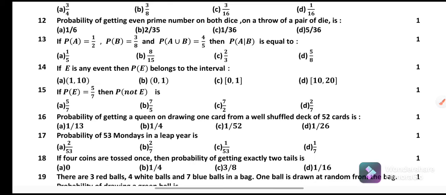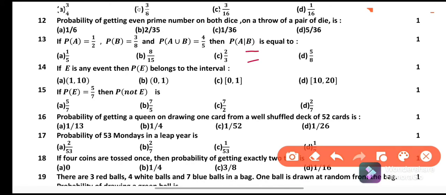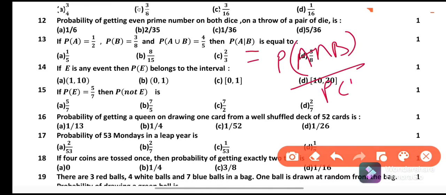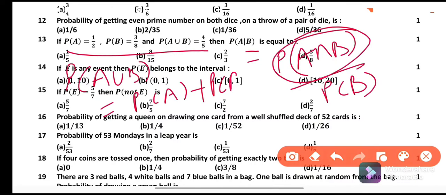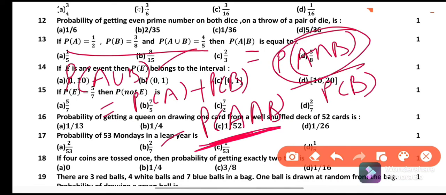Next question, if the probability of A is equal to 1 by 2, the probability of B is 3 by 8 and the probability of A union B is equal to 4 by 5, then the conditional probability is equal to the probability of A intersection B divided by the probability of B. First of all, calculate the probability of A intersection B. The probability of A union B is equal to probability of A plus probability of B minus probability of A intersection B. Now by using this result, the probability of A intersection B is equal to 3 by 40.